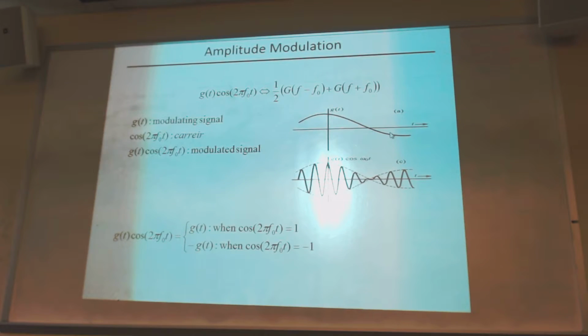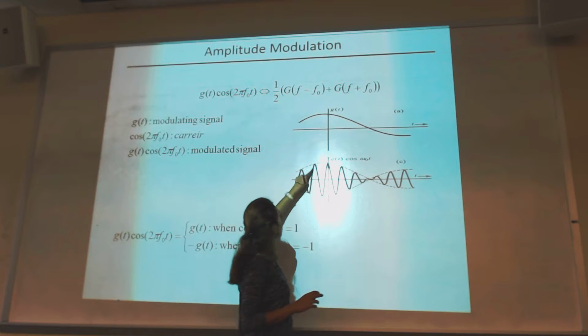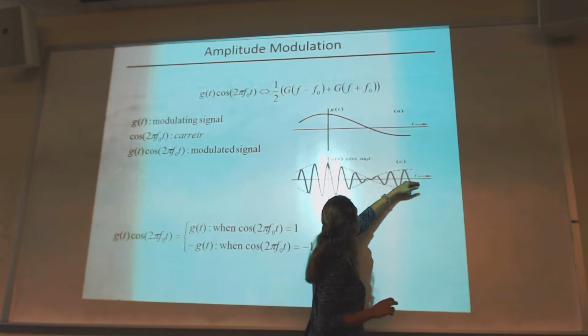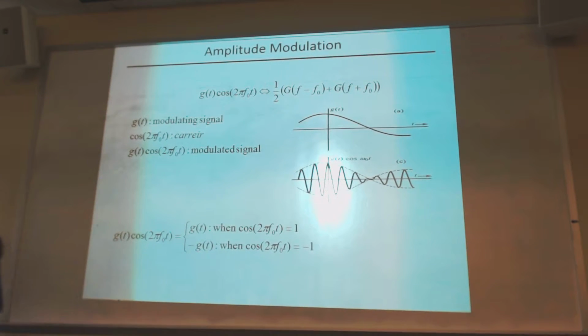We had the signal g(t), and we would multiply by the cosine of some carrier frequency. So that's the g(t), the cosine, and when I multiply it, I get this. Remember the envelope and all those things.